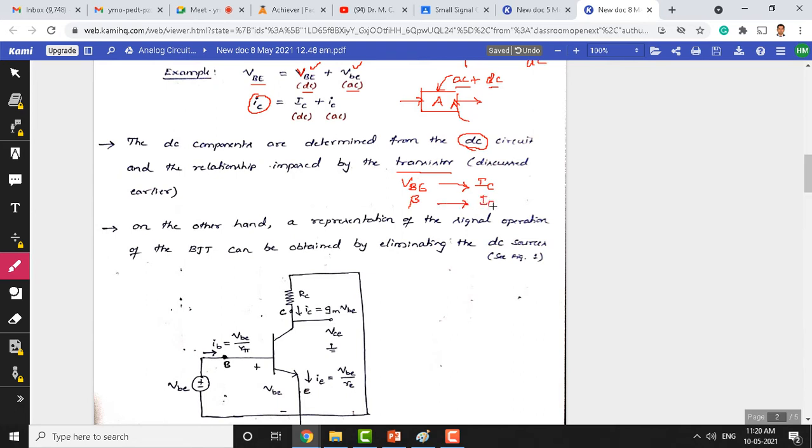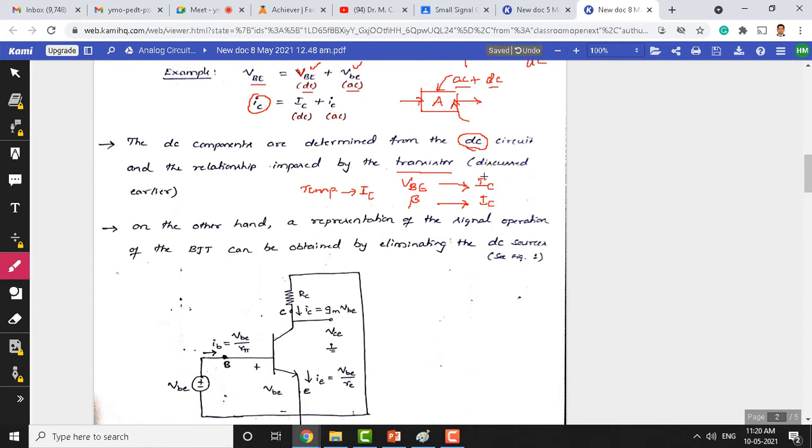So these are the DC conditions for the DC bias circuit. Variations of transistor parameters like VBE or beta, or even temperature variations, also change the collector current here. So all this leads to a change in the collector current.